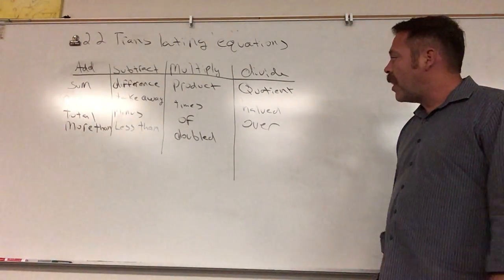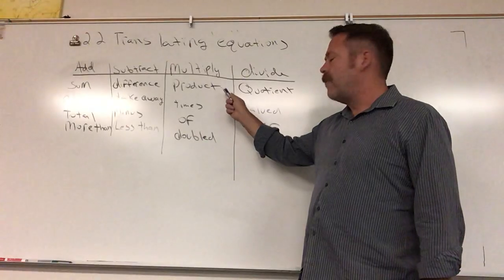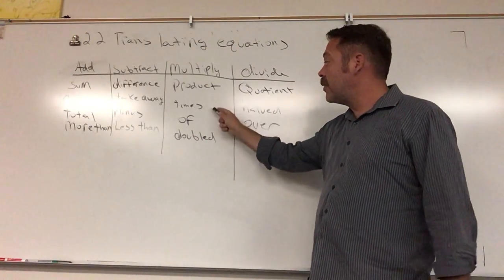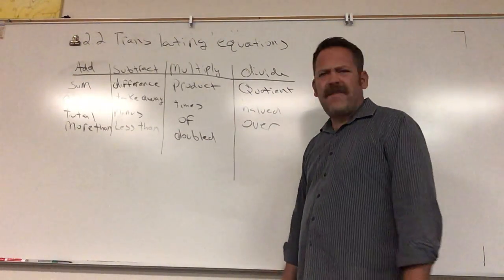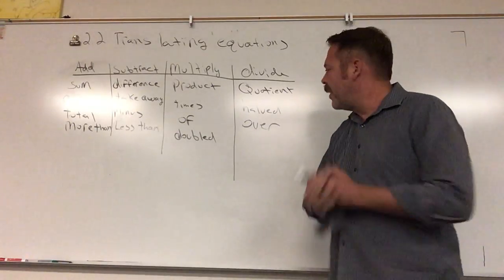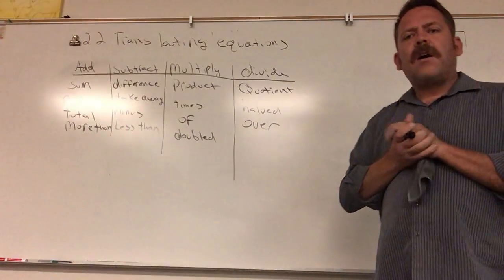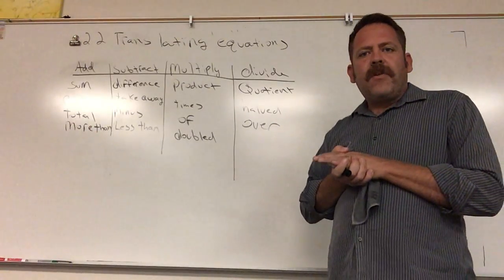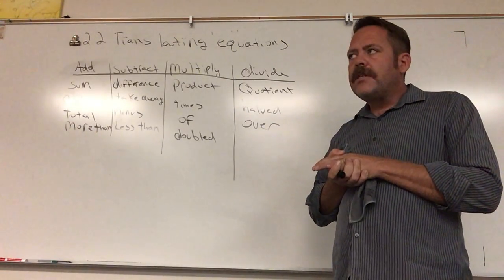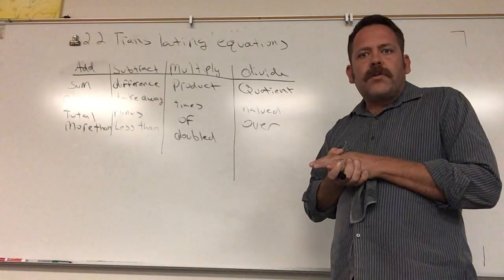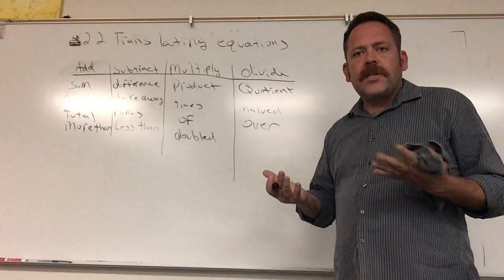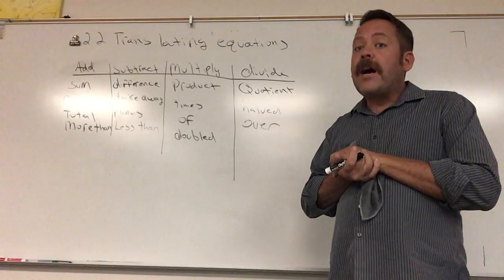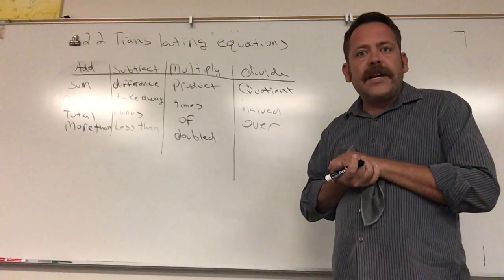Okay? For multiply, we have product, times, of, and doubled. The reason of is multiply: it doesn't always fit, it doesn't always make sense. But if you have a fraction and you use the word of, it makes sense. Like if you said, what's half of 10? Well, half of 10 is 5.